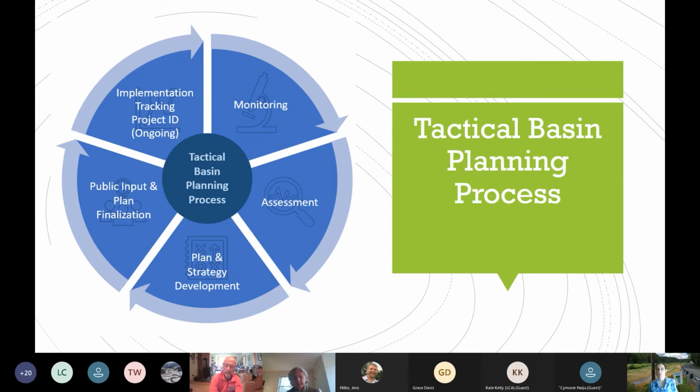So you can see that we work with everybody who's interested in being part of the process. Sometimes watershed planners work directly with towns, depending on what strategies may be identified in their town. And then in other cases, towns work with our partners or carry out the strategies themselves with technical assistance from the watershed planner.